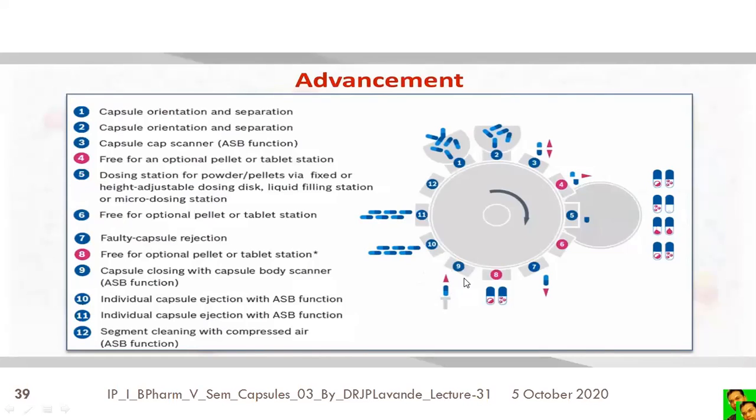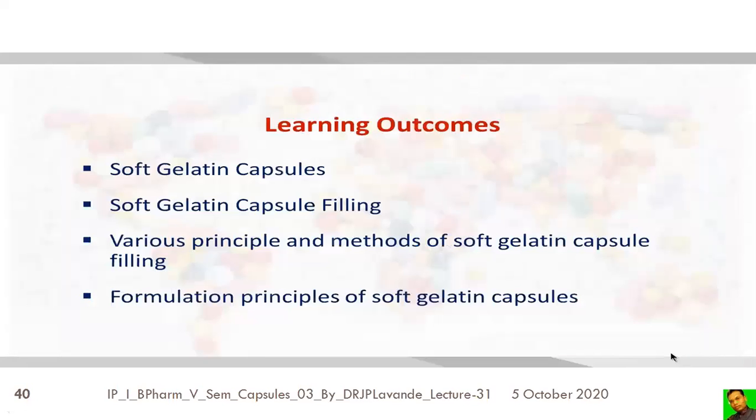The nine is the capsule closing with the capsule body scanner. The 10 is the individual capsule ejection. The 11 is also the individual capsule ejection. And the 12 is the segment for cleaning with compressed air. So these are the recent advancements that you will find in the industry nowadays.